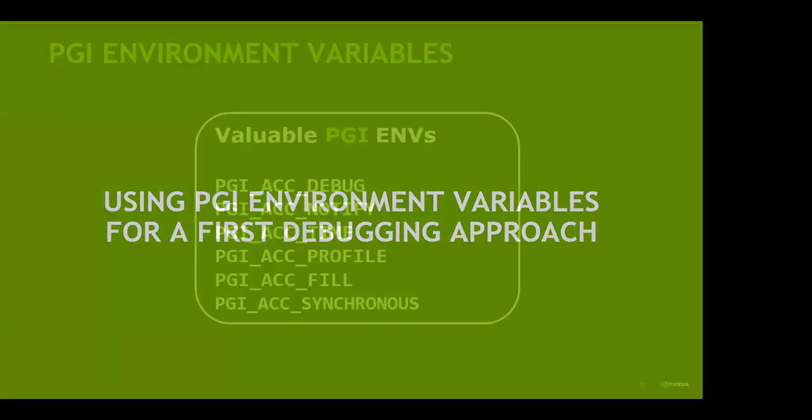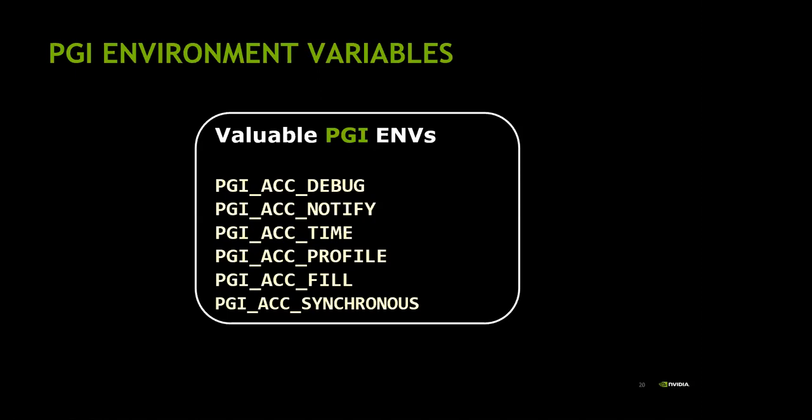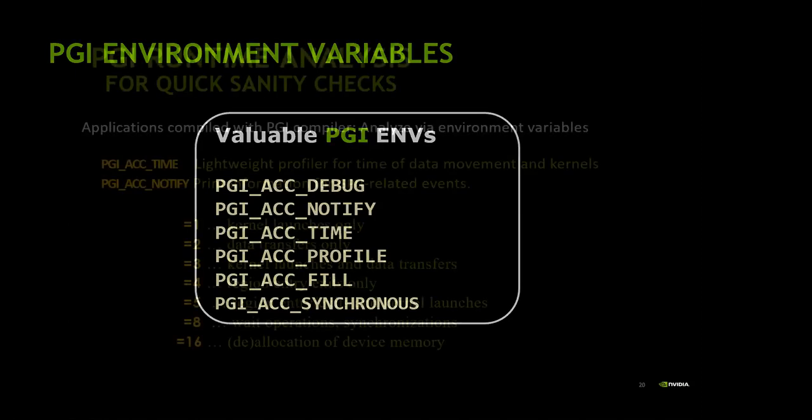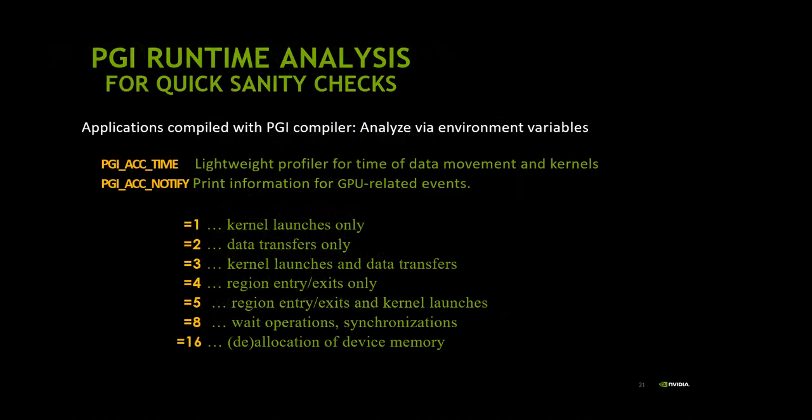And you have a set of environment variables you could use with the PGI compiler, which will now be the NV compiler. They could also be used with the HPC SDK. Two of my favorites are PGI_ACC_TIME, and I forgot to mention that, or to add that to the profiling section.